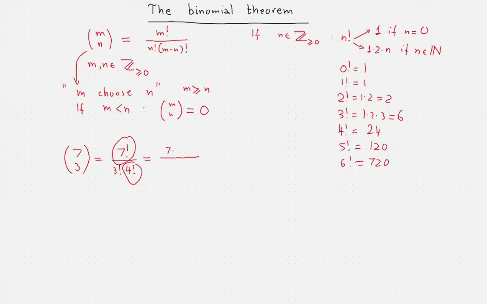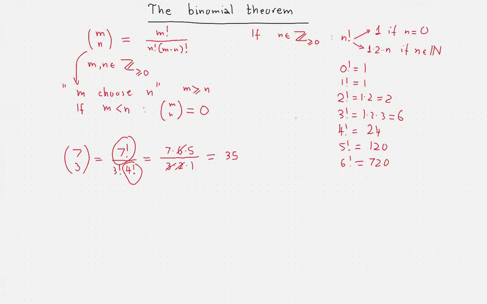Okay, this 6 is not that pretty, so let's make it a little prettier. And we're going to divide this by 3 factorial, which is 3 times 2 times 1. And miraculously, you will see that you have a very nice cancellation, which tells you that this is 35. So indeed, it is a natural number.